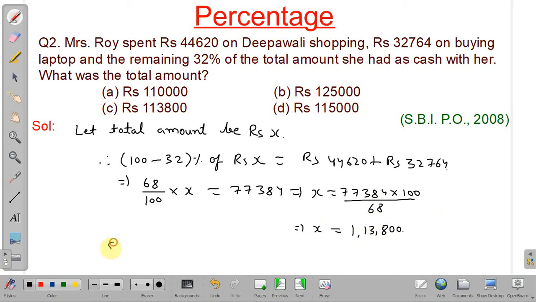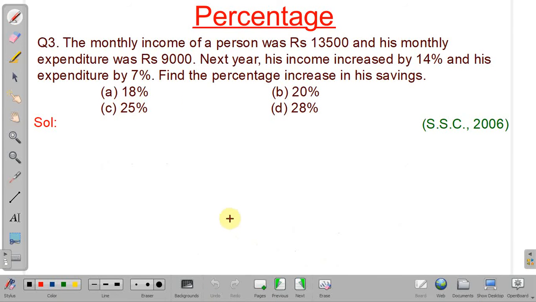Okay, so the total amount x is rupees 1,13,800. So our answer will be option number C. We will discuss the next problem.